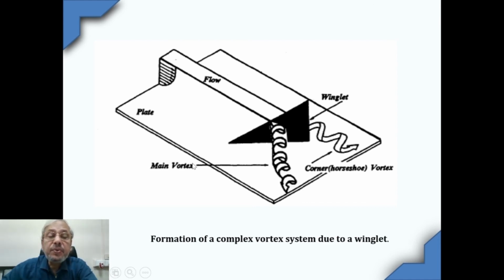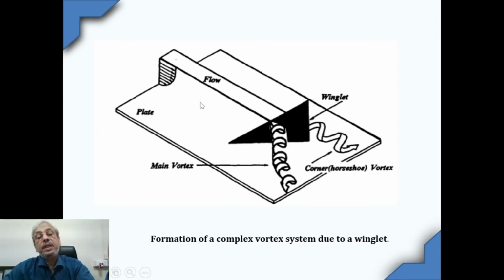So this is the main vortex, and this is a longitudinal vortex. We'll get another such longitudinal vortex, which will be created on the opposite side, which we cannot see, due to the difference of stagnation pressure from the top of the wing to the bottom of the wing.